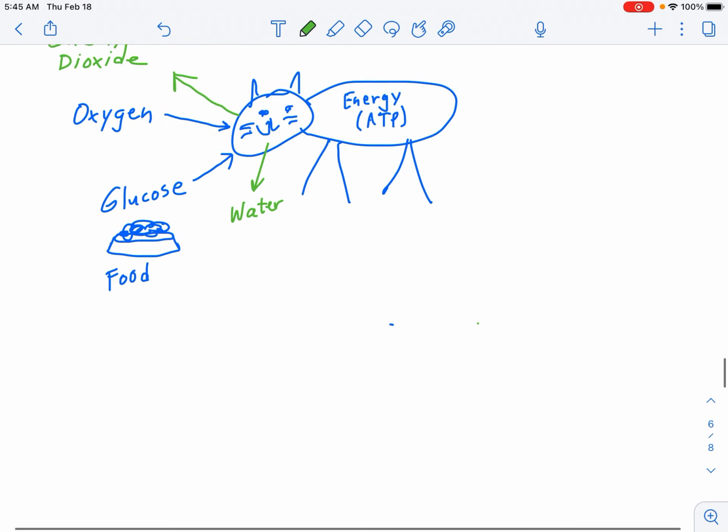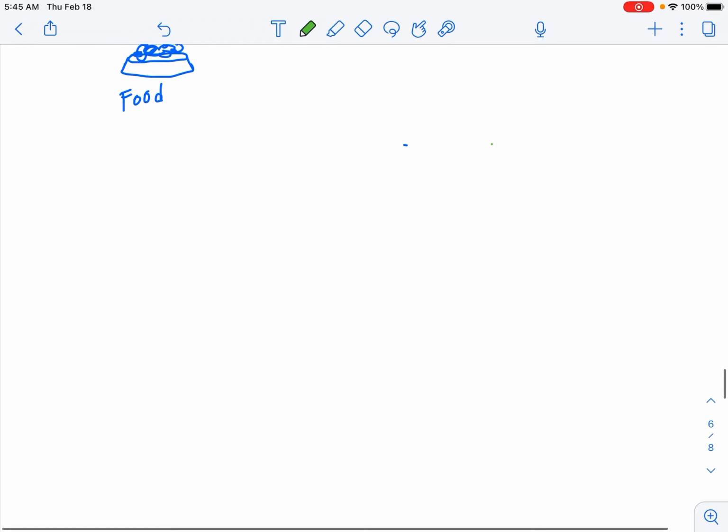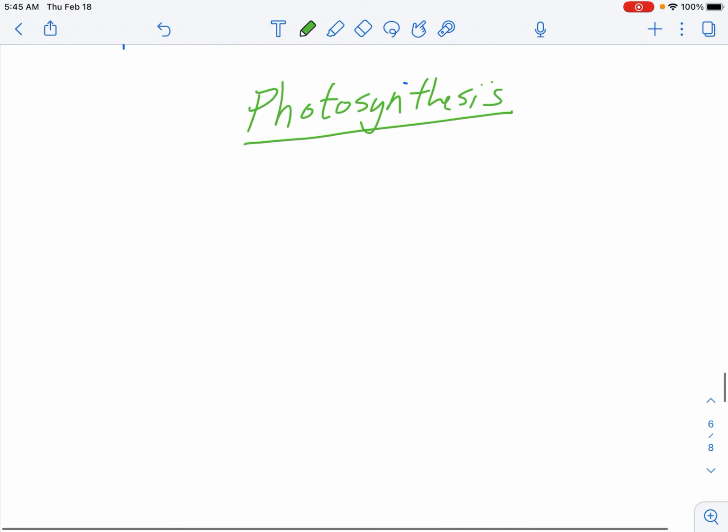In this second picture, we're going to deal with photosynthesis. So I'm going to make a label for that. And we're going to start this one simply by drawing a tree. Or you could draw some other plant if you just wanted to draw some grass.